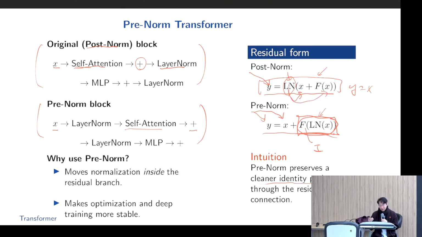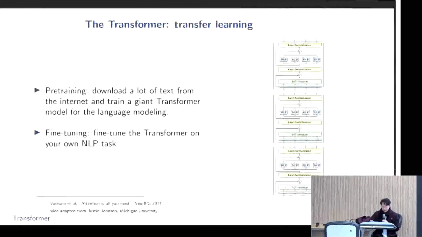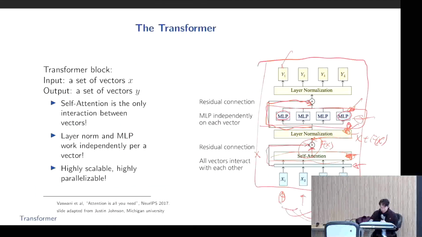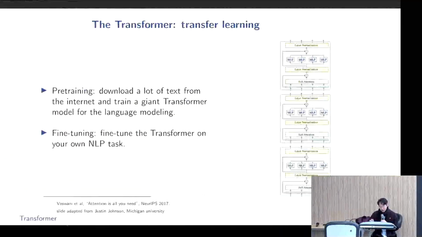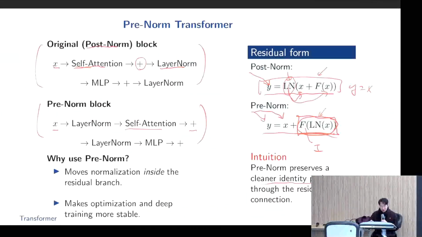So if you think from right to left, there's a number of obstacles it needs to go through. So what's the change? Move the normalization inside the residual branch, and it tends to make the training more stable. That's called pre-norm, and it's pretty standard these days.